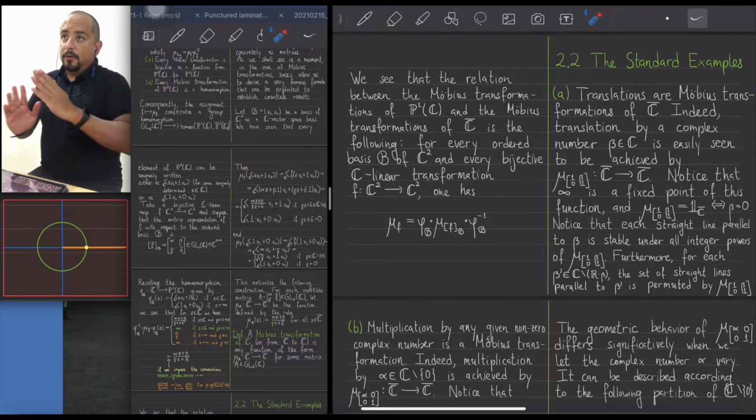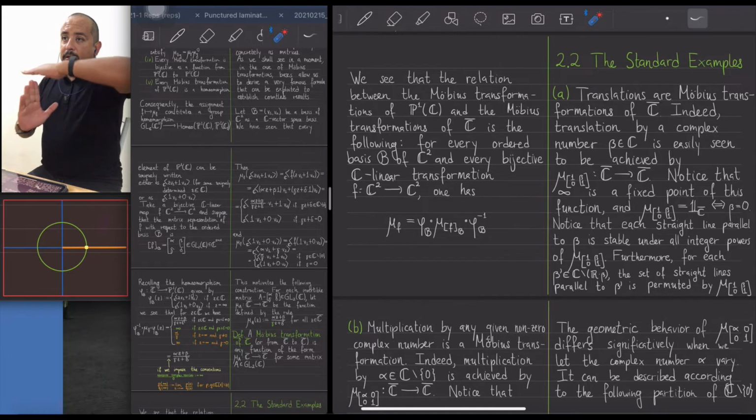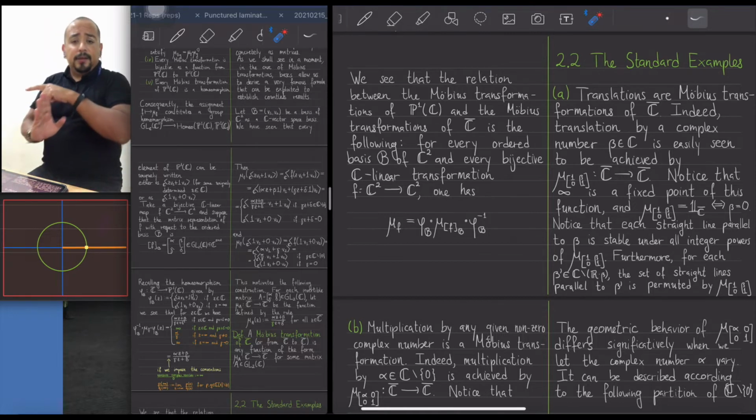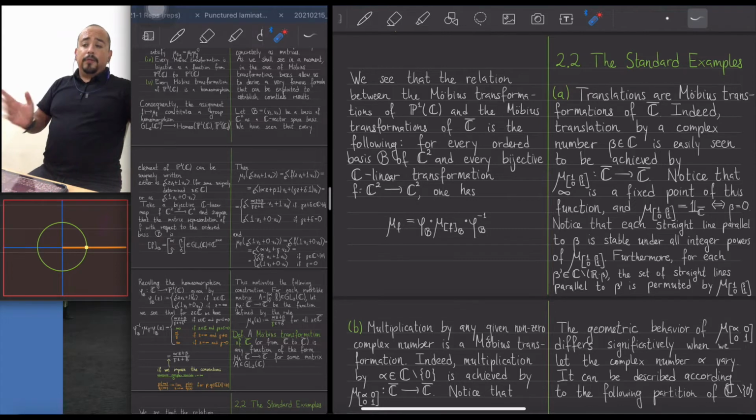Of course, the family of all horizontal lines is permuted by this translation. But also, for instance, take the graph of the cosine, and take all the translations of that.